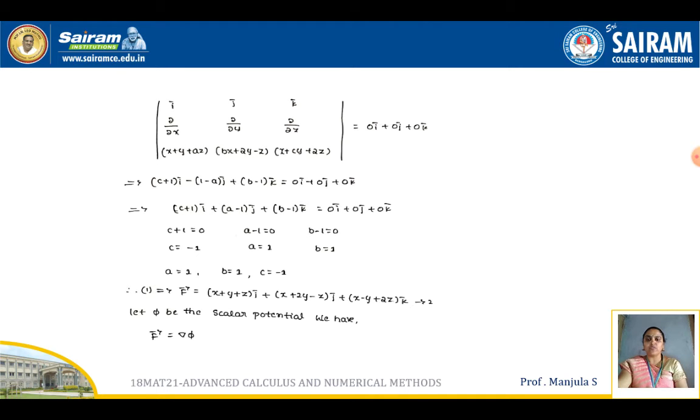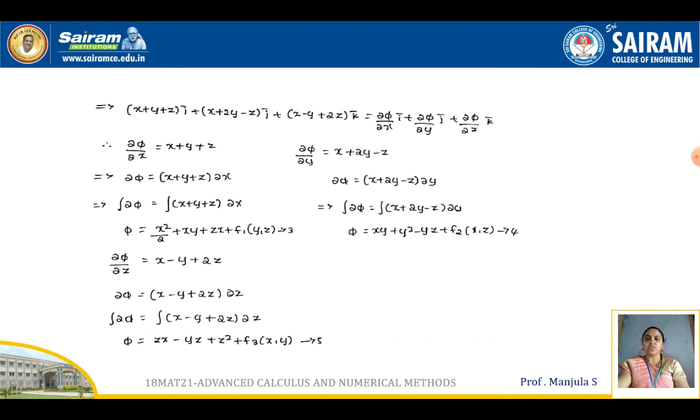Now they asked us to find the scalar potential with the help of the expression vector f is equal to del phi. So now you just substitute the value of vector f and also the definition of gradient of phi, so that the previous equation can be written as (x plus y plus z) i cap plus (x plus 2y minus z) j cap plus (x minus y plus 2z) k cap which is equal to dou phi by dou x i cap plus dou phi by dou y j cap plus dou phi by dou z k cap.